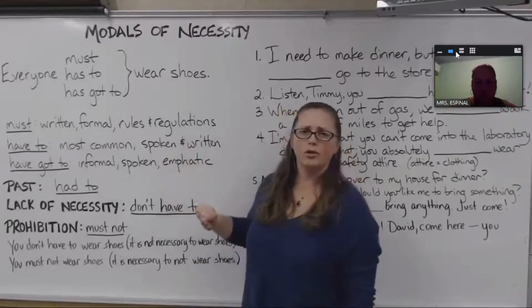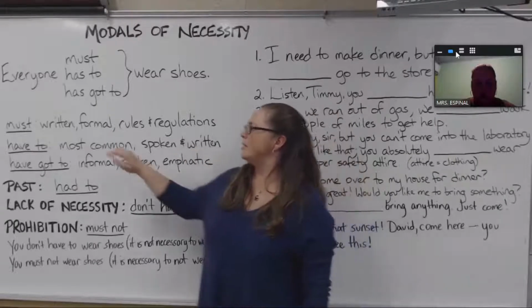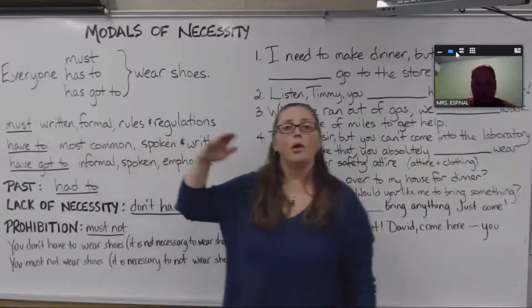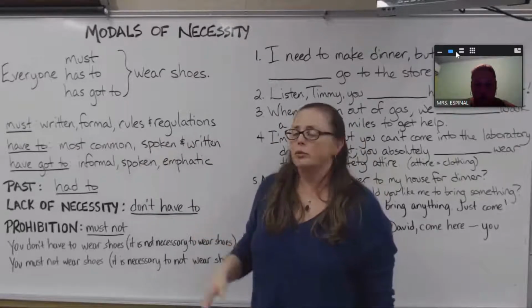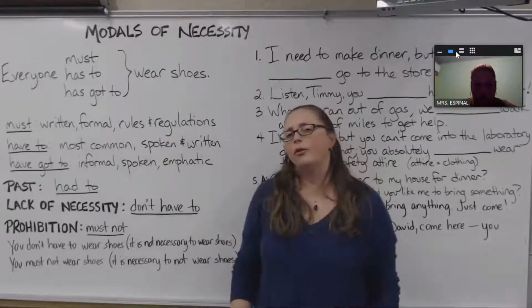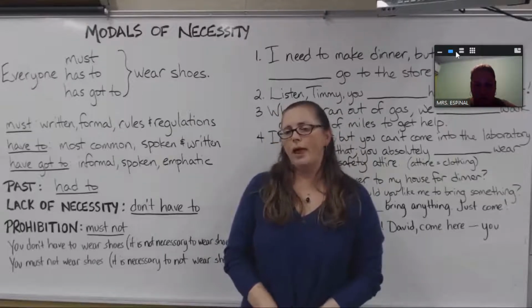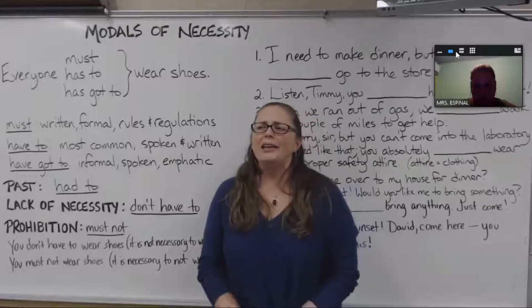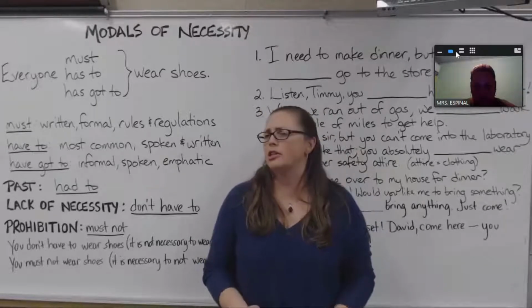It can be written also, spoken or written, but must is considered the really formal form. Have got to. This is more informal. It is generally in spoken language, and it can be used to express some urgency.